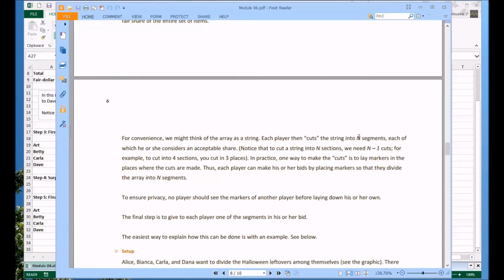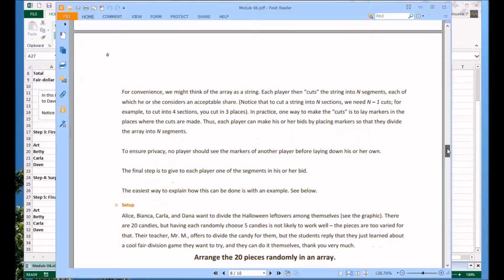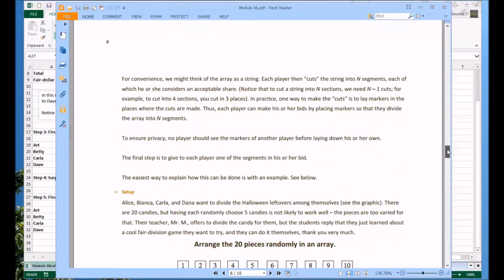It would be 4 minus 1, so that would be 3 markers. You cut in 3 places. The way to calculate that is to see how many players there are and subtract 1. Again, the privacy rule applies. And the final step is to give each player one of the segments.